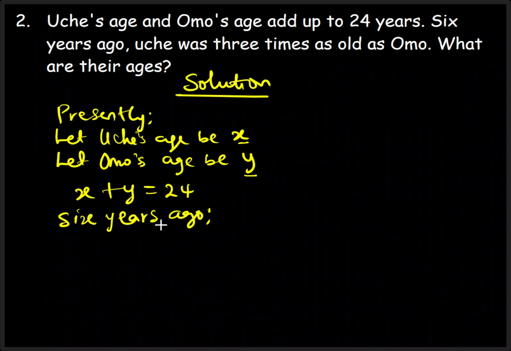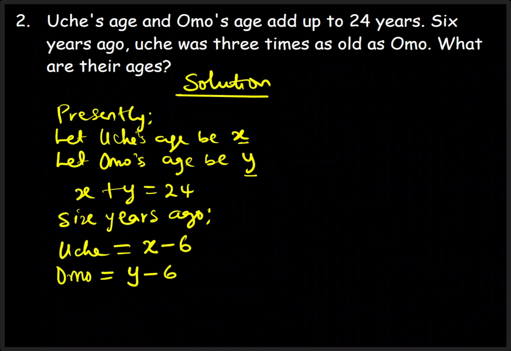So 6 years ago, someone that is x years old, Uche will be equal to the present age minus 6. And then Omo will be present age, which is y minus 6. That's the principle.